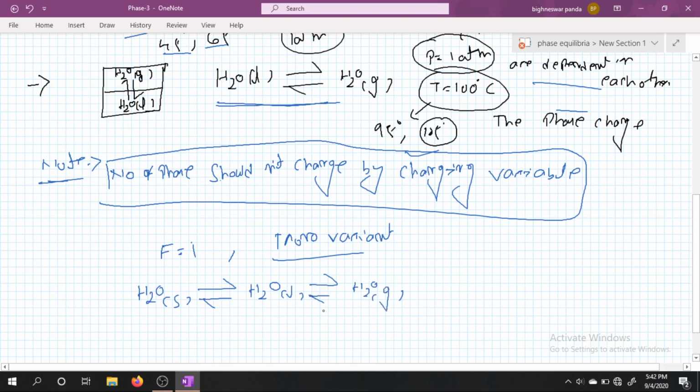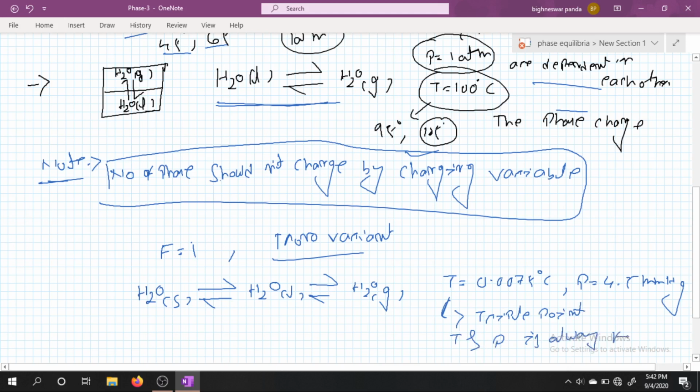Again I am considering another equilibrium, water solid in equilibrium with water liquid, and this equilibrium is attained at temperature 0.0075 degrees Celsius and 4.5 mm of mercury, and this is called the triple point. Here temperature and pressure are always fixed.